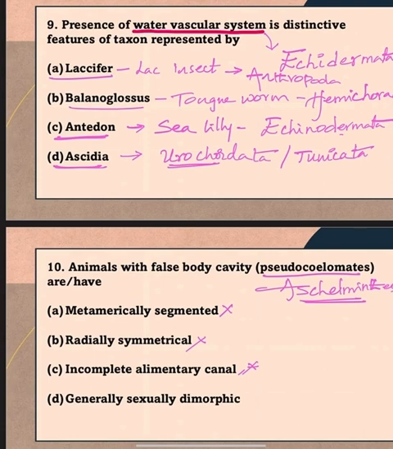Generally sexually dimorphic is the answer here, children, where the male organisms are shorter than female organisms. So 10 questions have been discussed here, children.